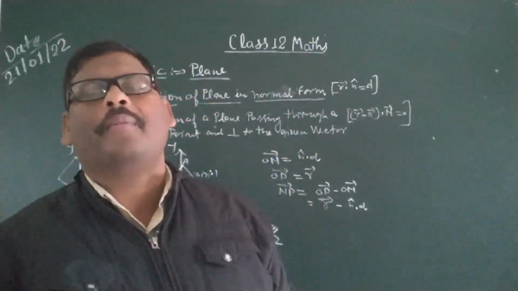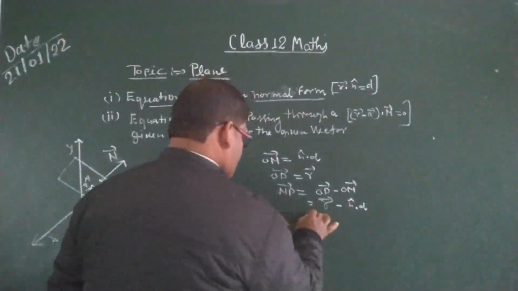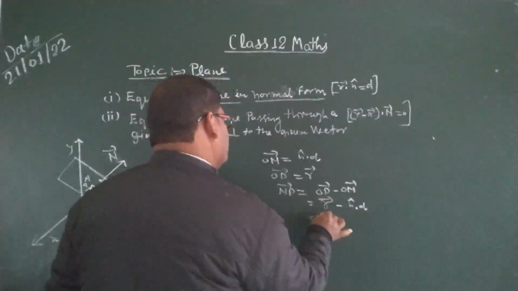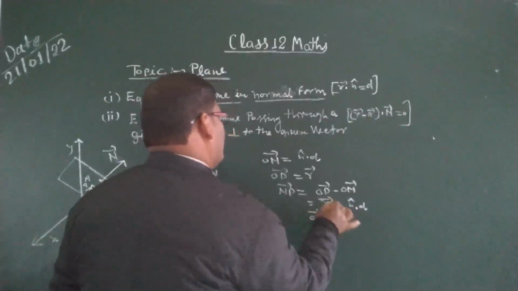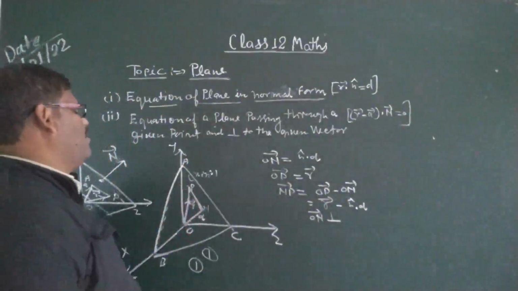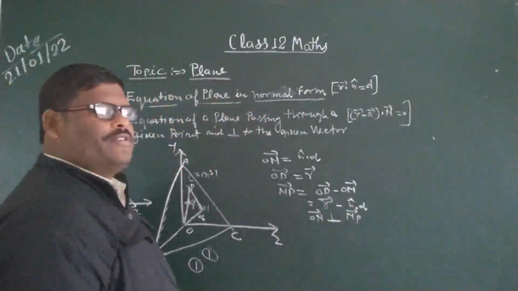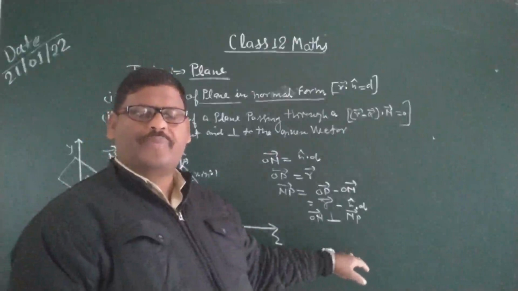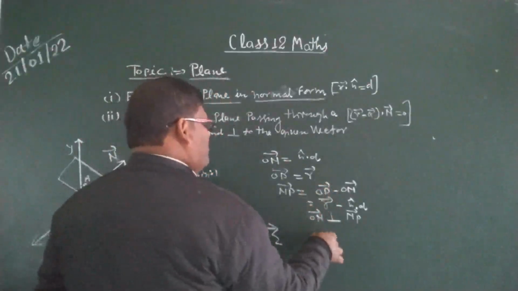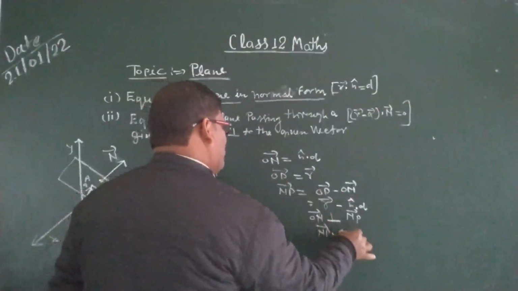As vector ON is perpendicular to vector NP, therefore we can write the dot product of these vectors equal to 0, means NP dot product vector ON is equal to 0.